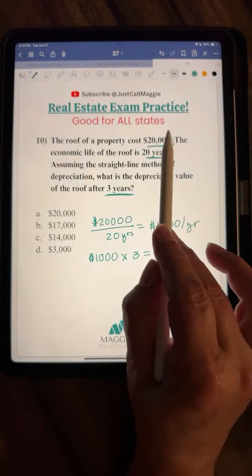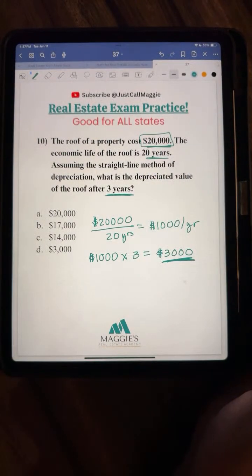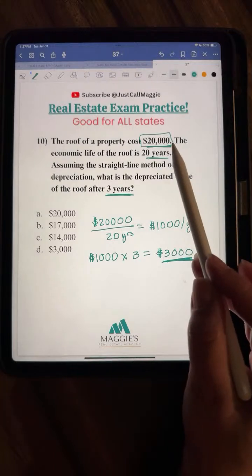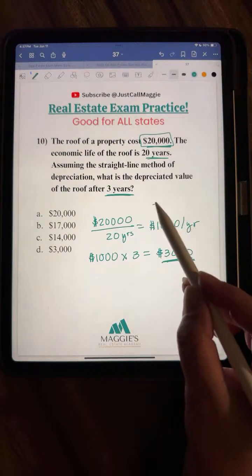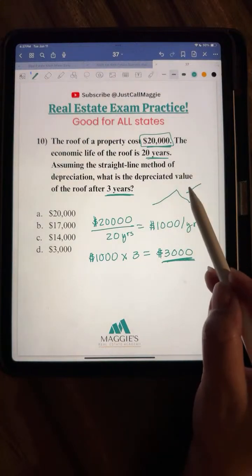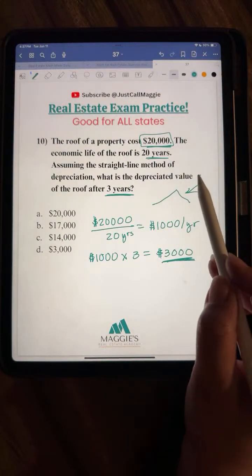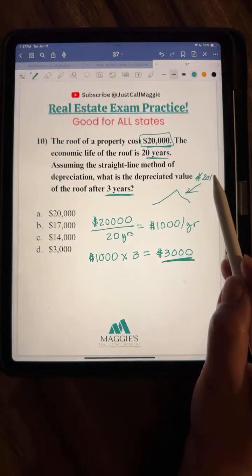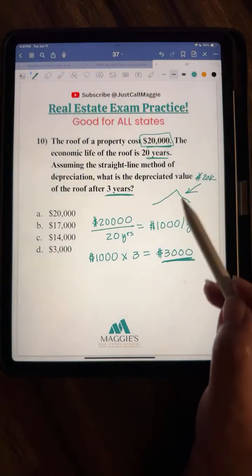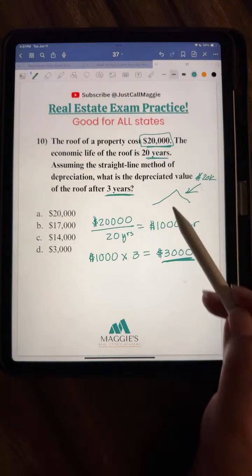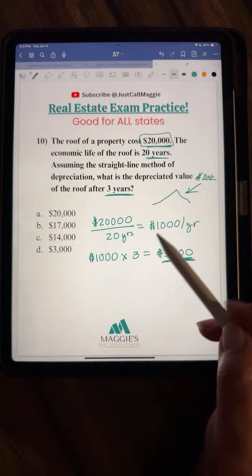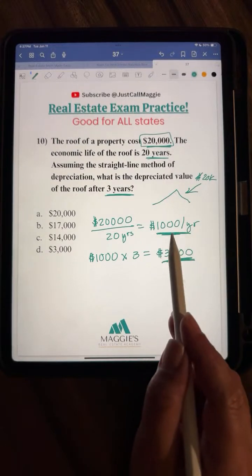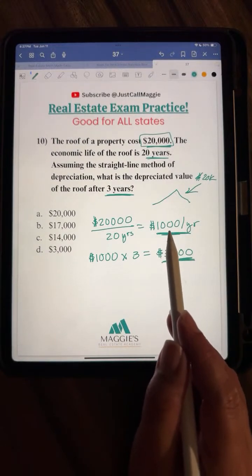So if it cost you $20,000 3 years ago, and every year it goes down $1,000, because think about it, when you have a brand new roof, that roof is, wow, fantastic, 20 grand. But every year with the wear and tear, the sun, the elements, that roof starts losing value. So every year it's going to lose $1,000 of value.